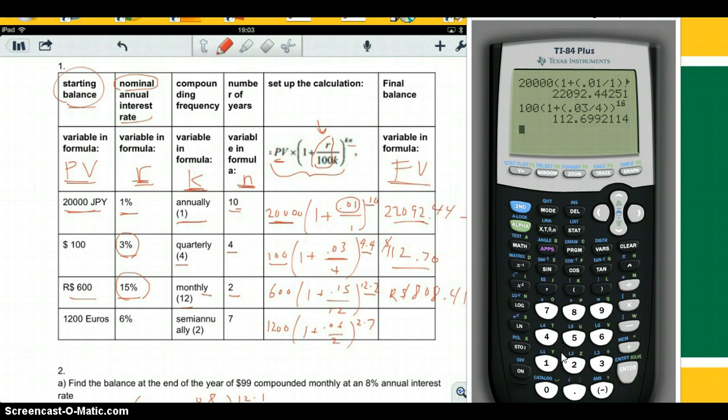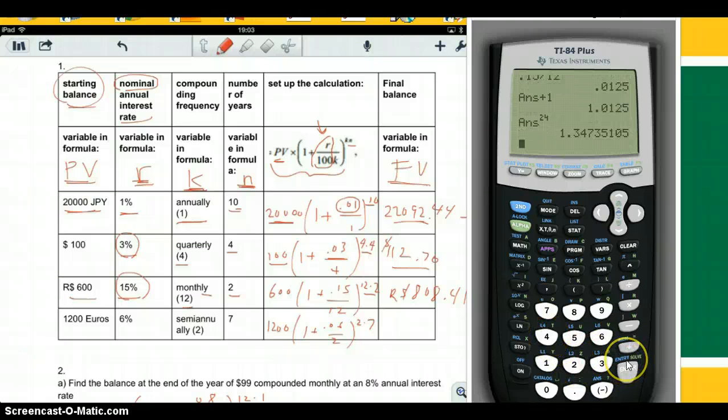So that would be, I'm going to show you a different way to put in the calculator. We'll start with 0.15 divided by 12. And that'll give us the fraction. It's 0.0125. Then we'll add 1 to that. 1.0125. Now we're going to take that to the exponent of 12 times 2, which is 24.